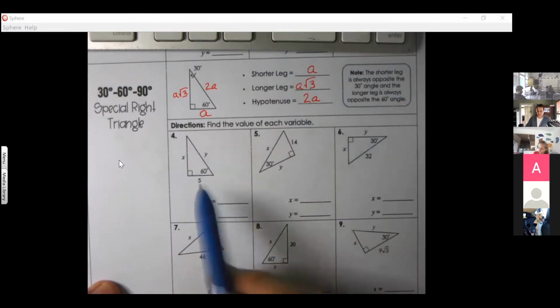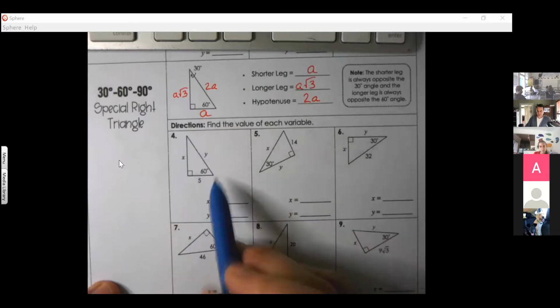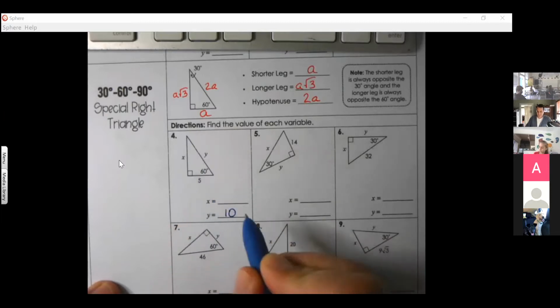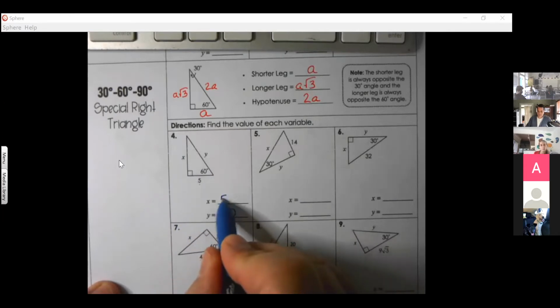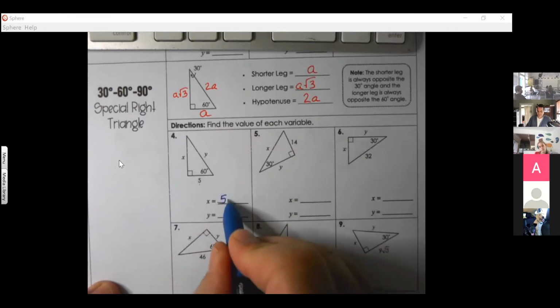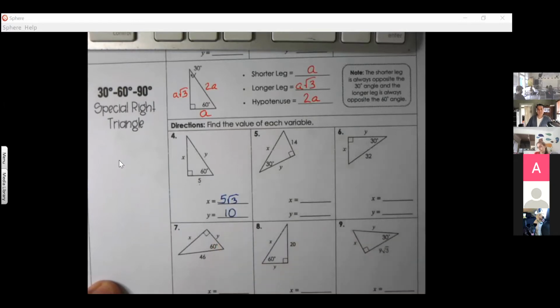So opposite 30 is 5. That means the hypotenuse will be double that, or 10. And the side opposite 60 is going to be that value multiplied by root 3, 5 root 3.